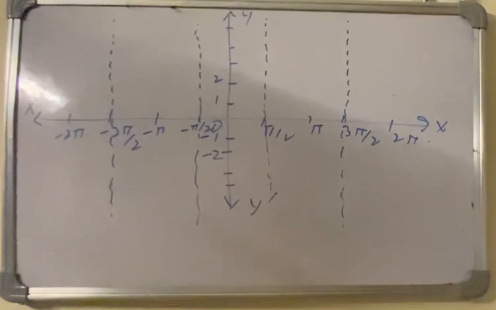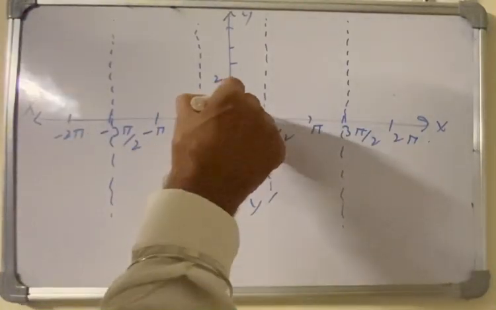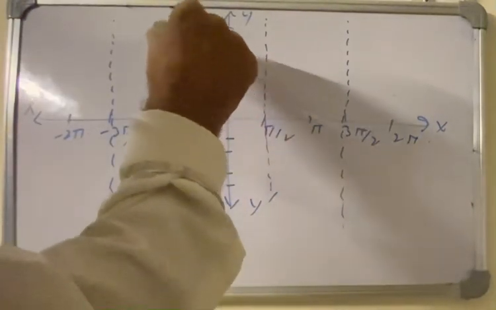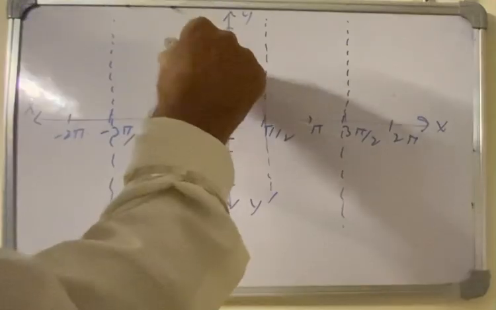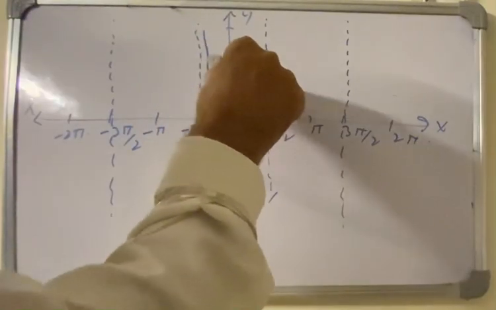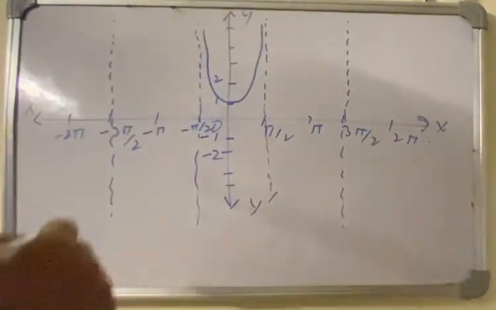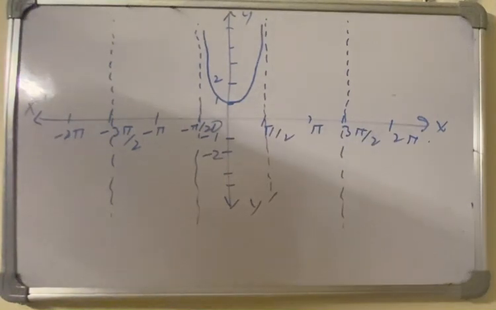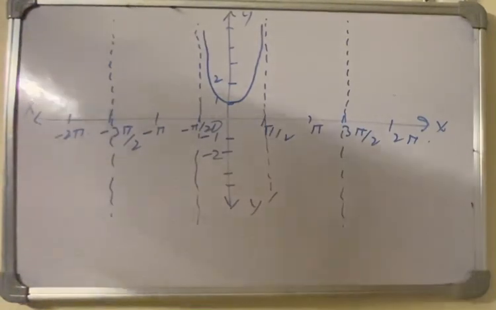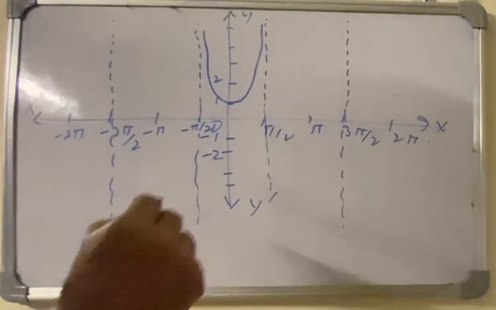So, at 0 origin, the value of secant is 1. So, it starts at 1 and it goes in this way. Similarly, at pi also, the value of secant is minus 1.